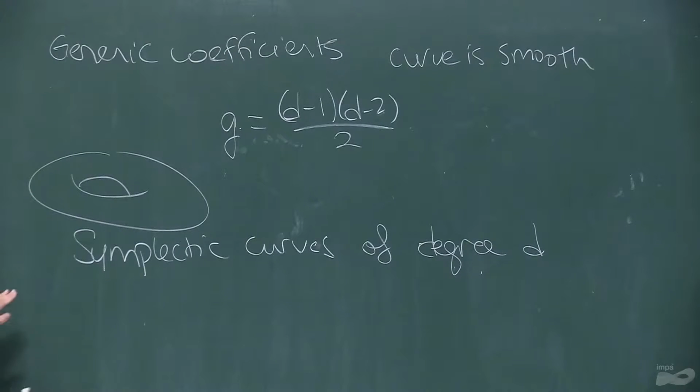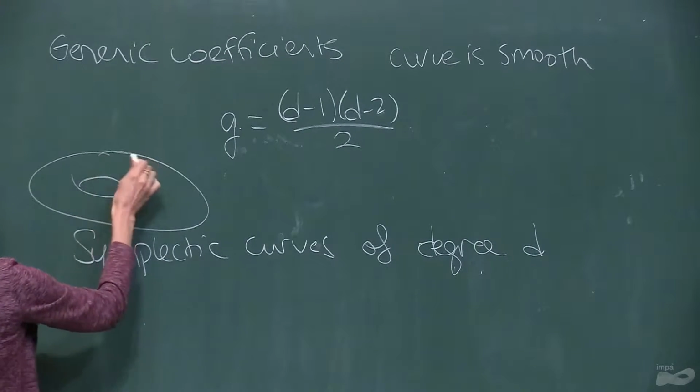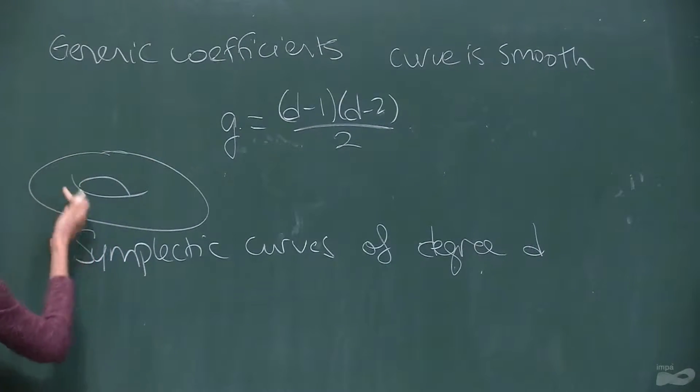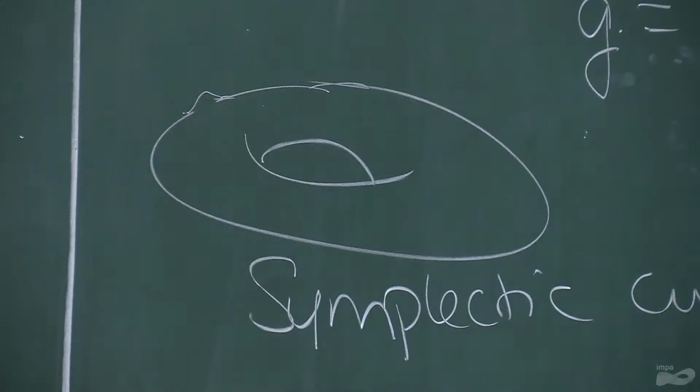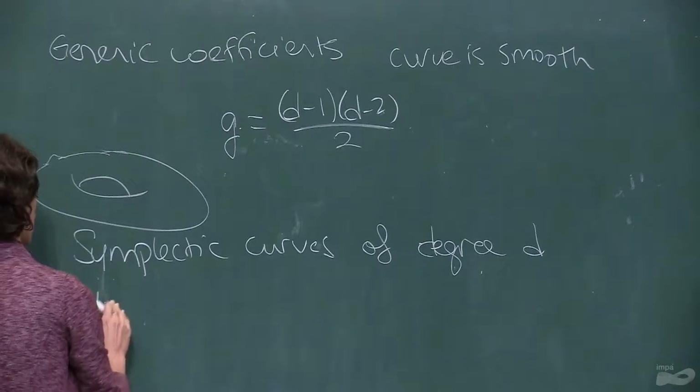I could start with a complex curve, which is an example of a symplectic curve, and near any point on that curve, I could perturb it a little bit, and as long as I don't change the tangent spaces too much, it will still remain a symplectic submanifold. So this is an infinite dimensional space.